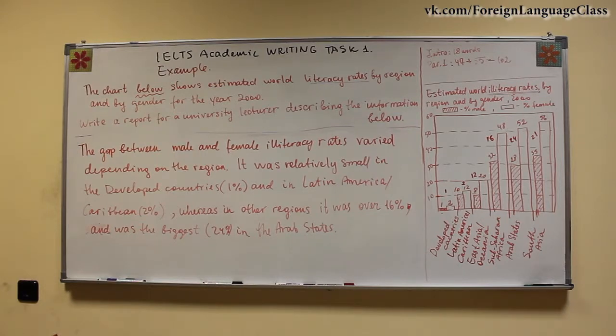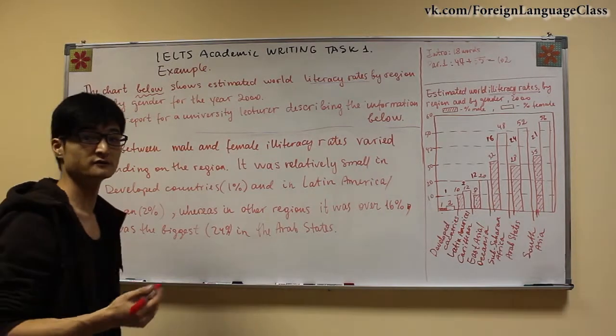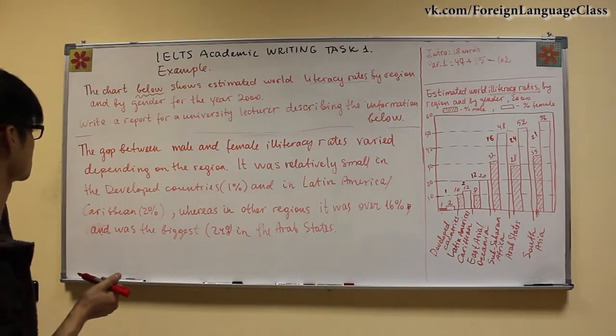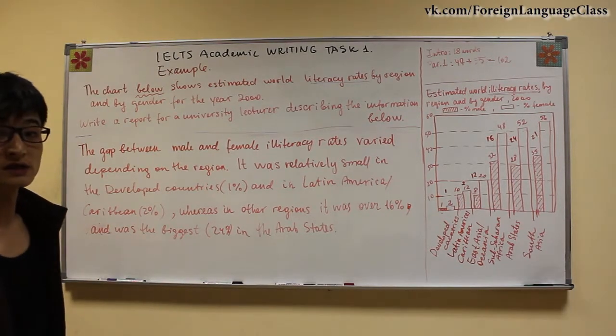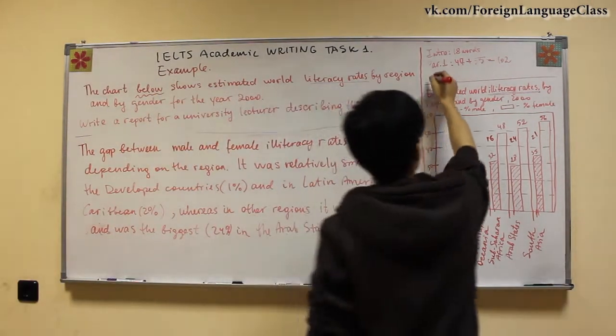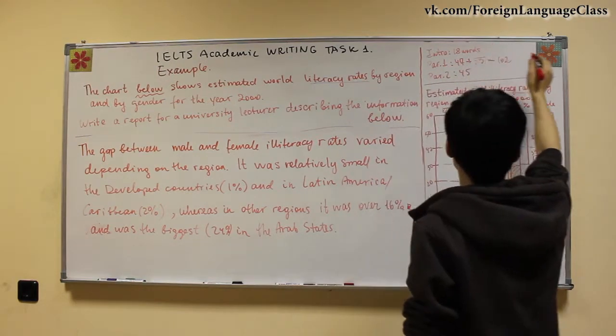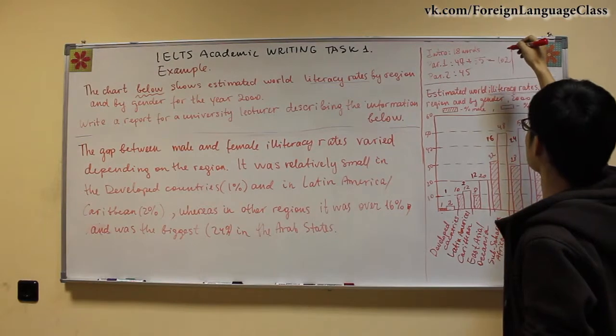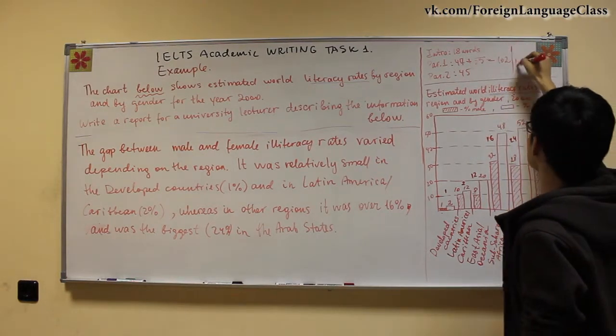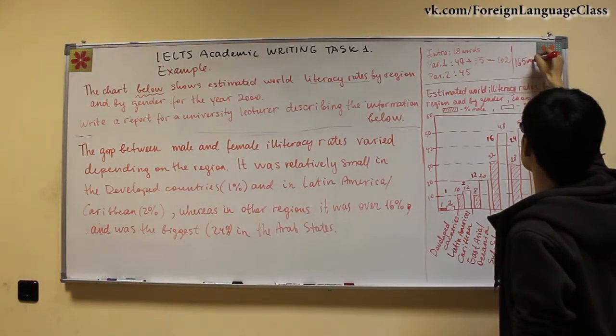Okay, I think that's pretty much enough. Now let's count the number of words. If we lack them, then we'll try to write a bit more. It's 45 in paragraph 2. Paragraph 2, 45 words. So in total we have 165 words.